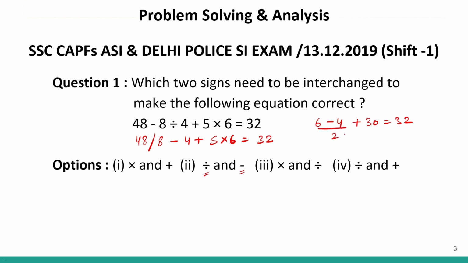So this will be 2, and 2 plus 30 will be equal to 32. Hence, LHS equals RHS. Therefore, option number 2, the divide and subtraction sign interchange, will give me the correct answer. So the correct answer to this question will be option number 2.